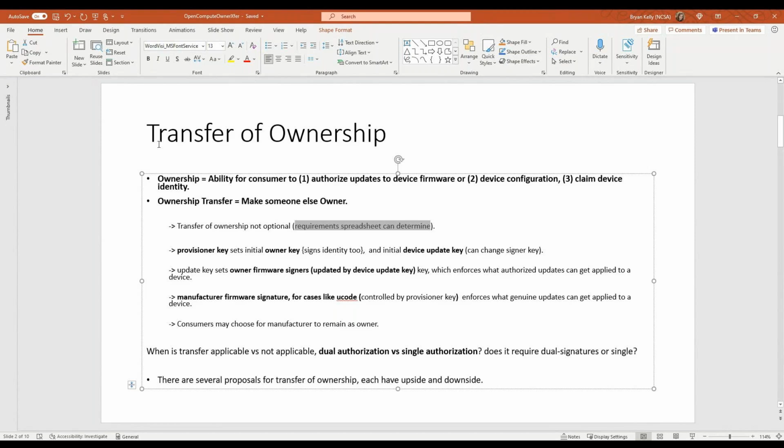Which, by the way, Elaine, what's your understanding of what the Open System Firmware Group believes ownership is? So in their view, at the low level, their objective is to be able to sell the system to someone else, right? And the other objective is that when this firmware is buggy or has gone, call it like a book out of print, right?